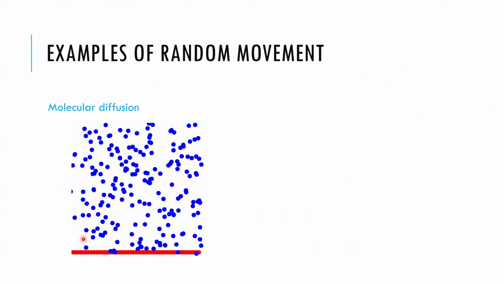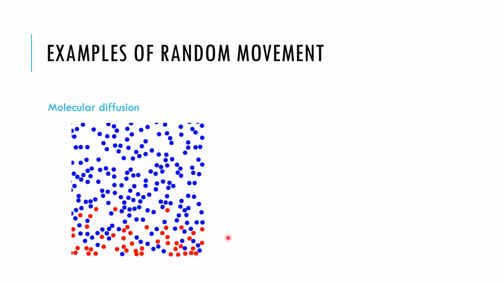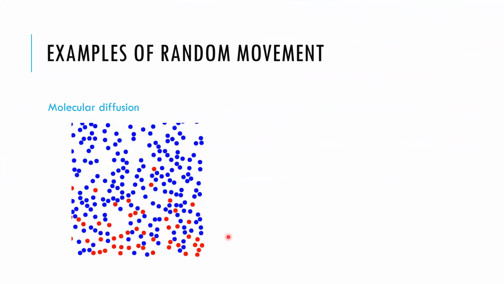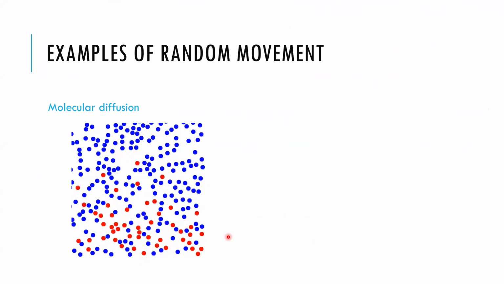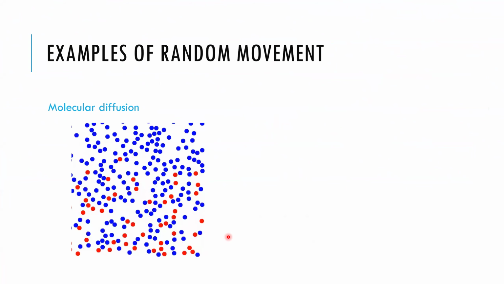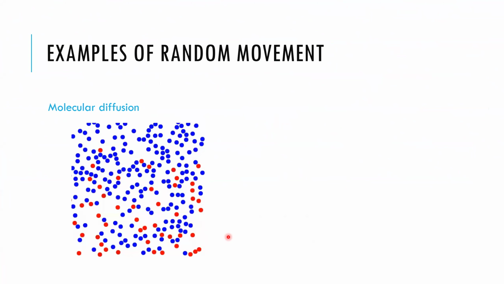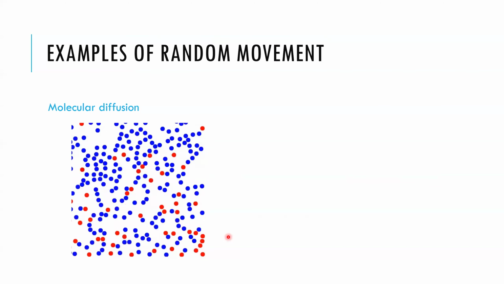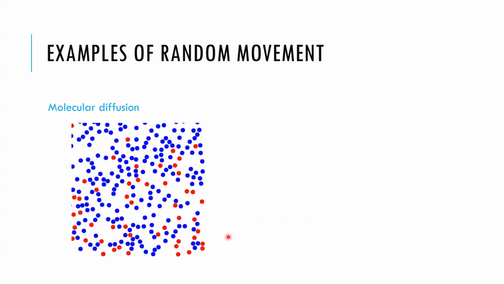So here, this is an example of molecular diffusion. These molecules are moving randomly. They don't know where there is more or where there is less. They're not trying to go from where there is more red to where there is less in an intelligent way.